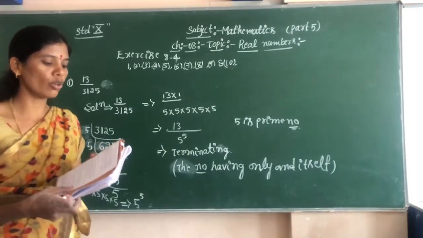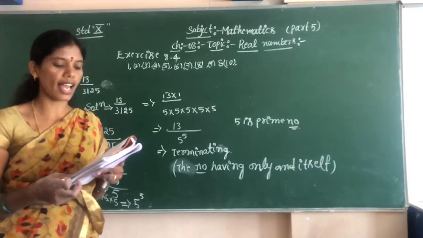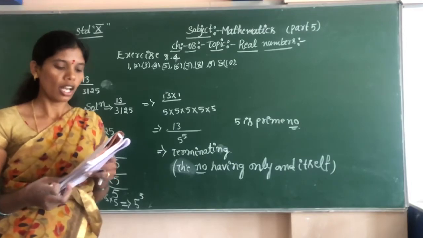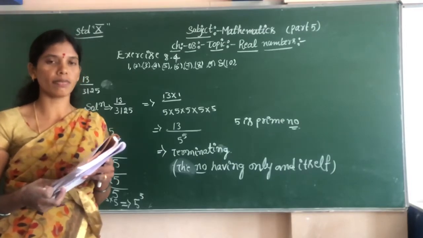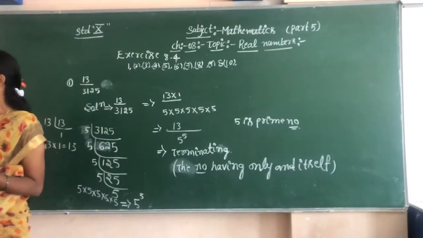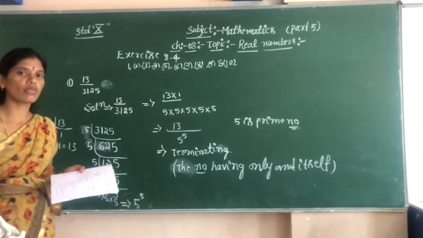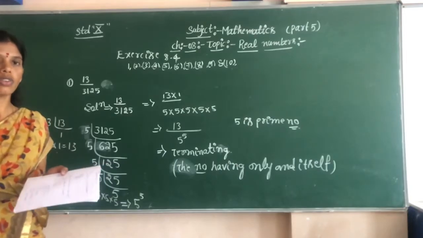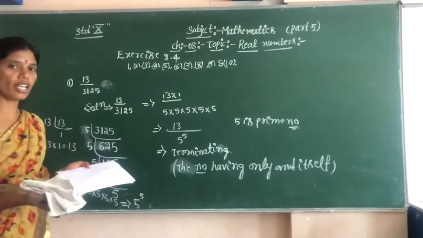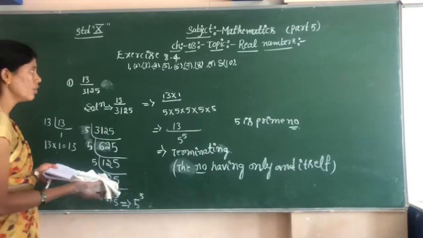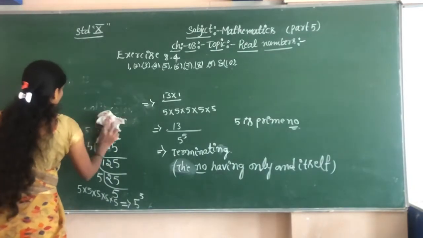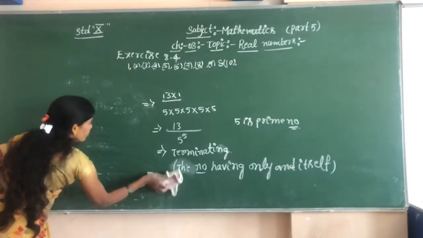Now next, write down the decimal expansion of these rational numbers in question 1 above which have terminating decimal expansions. Which of the above examples are terminating decimals, you only check that. The first one is already checked. Now once again you should check the examples.